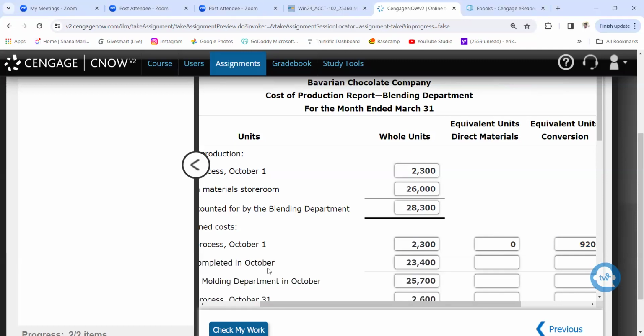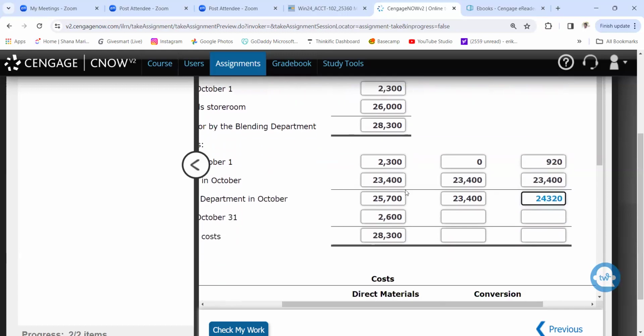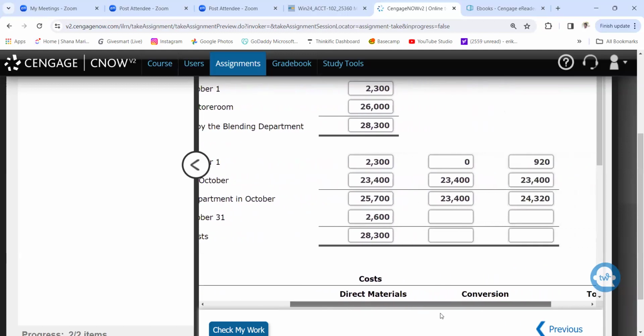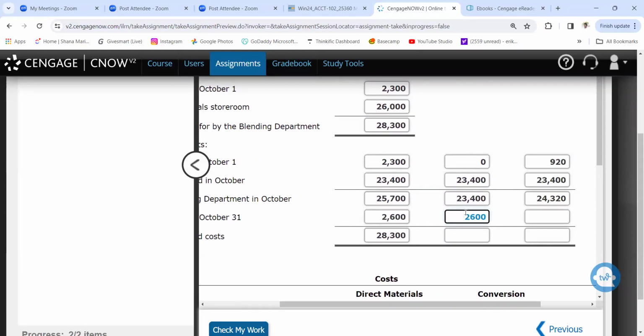Now we said if we were started and completed in October, it's the same number across. Now, this plus this equals this. So we get these subtotals. Now we got to do our ending WIP. All DM was added at the beginning. So that's 2,600.